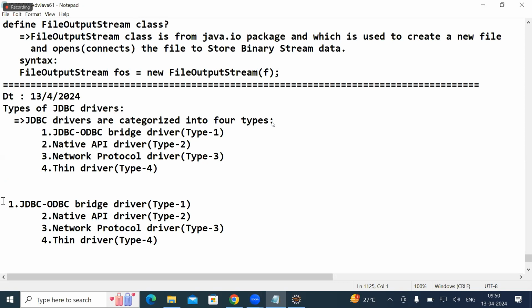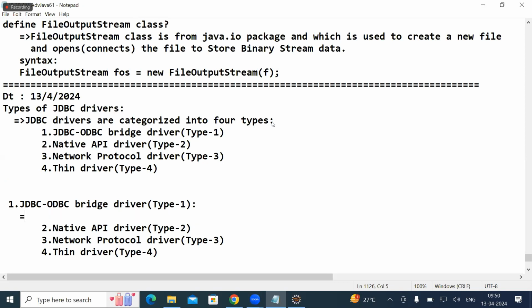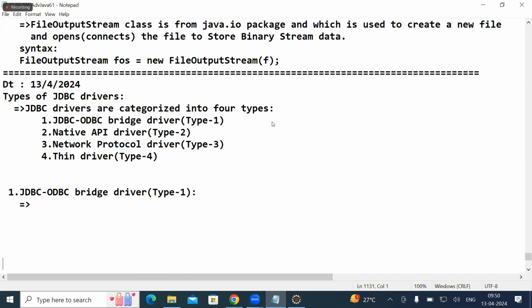Make a heading: JDBC-ODBC bridge driver.